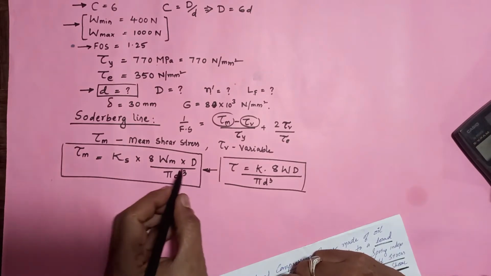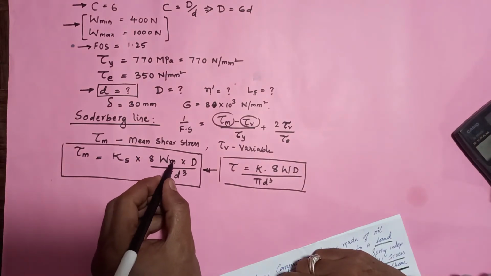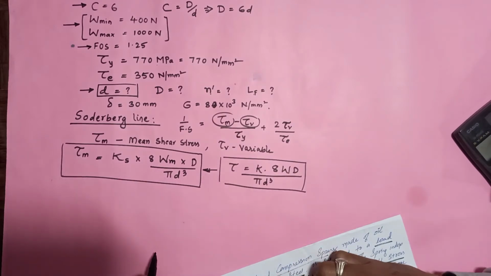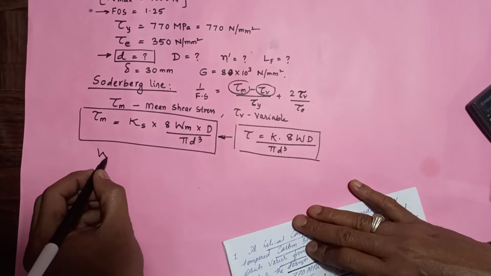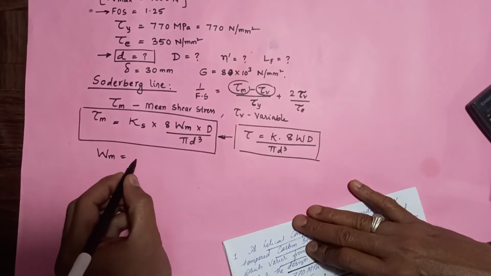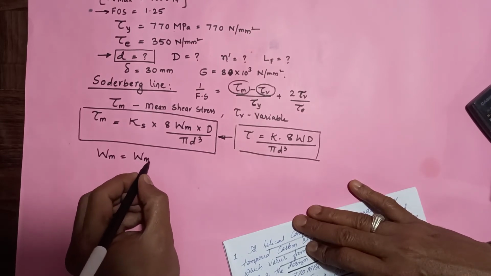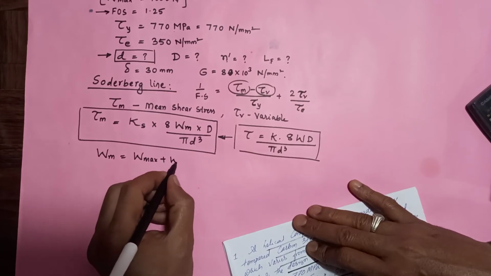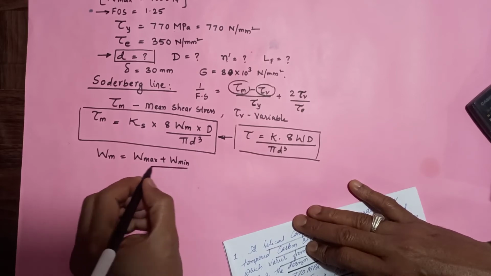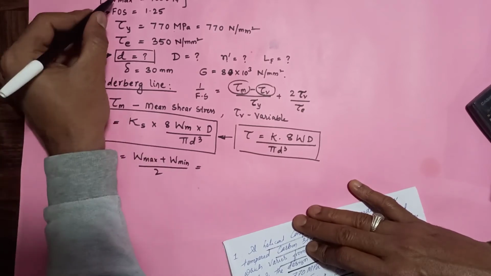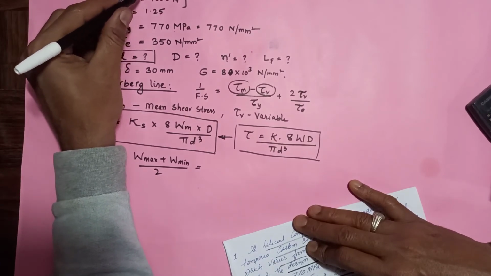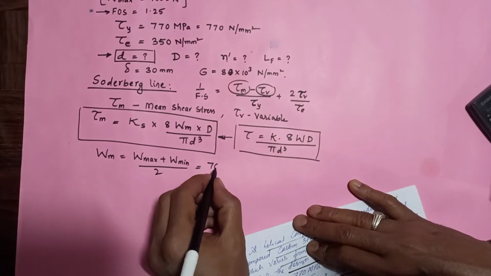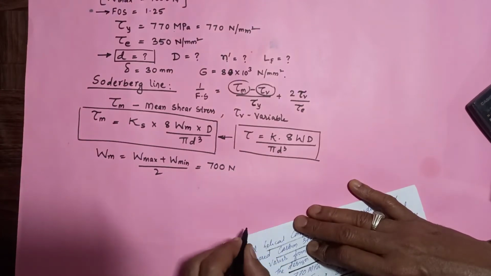So now you need to calculate the mean load. W mean is equal to W max plus W minimum by 2. It means 1000 plus 400, it is 1400 by 2, so you will get 700 Newton.